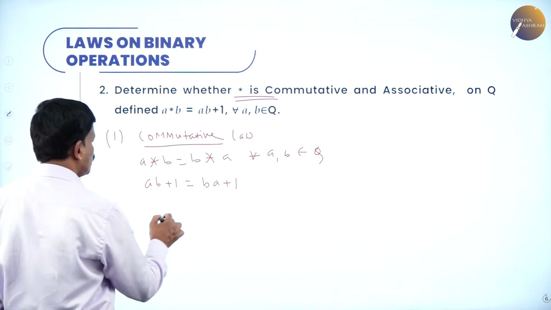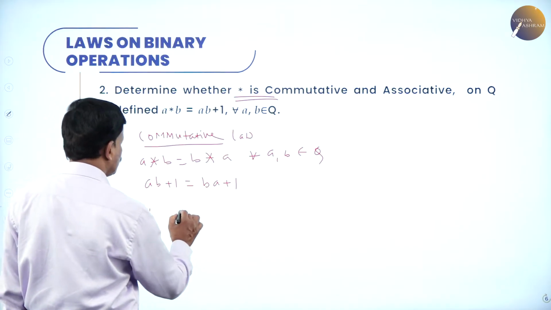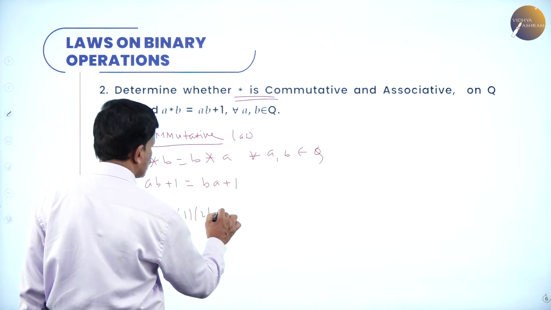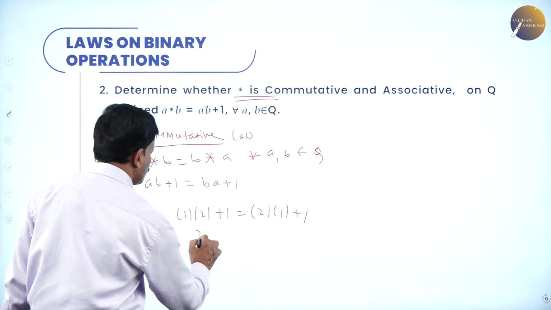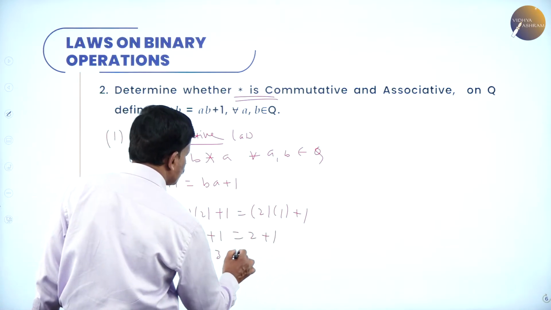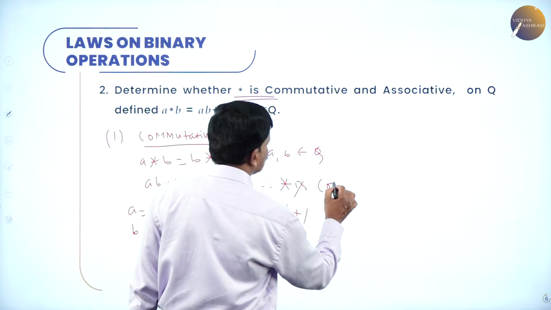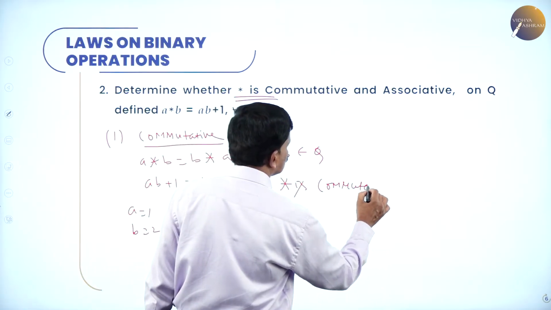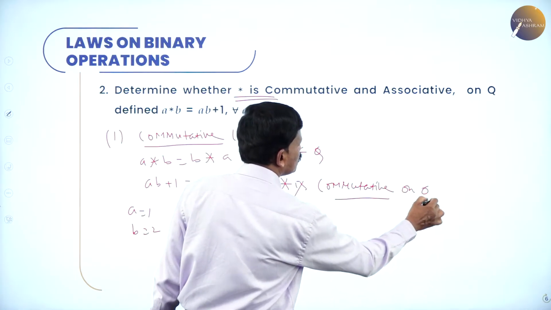So, for example, let us take A is equal to 1, B is equal to 2. This is 1 into 2 plus 1, which is also equal to 2 into 1 plus 1. 1 twos are 2 plus 1, 2 ones are 2 plus 1, 3 is equal to 3. So, therefore, star is commutative. Star is commutative on Q.